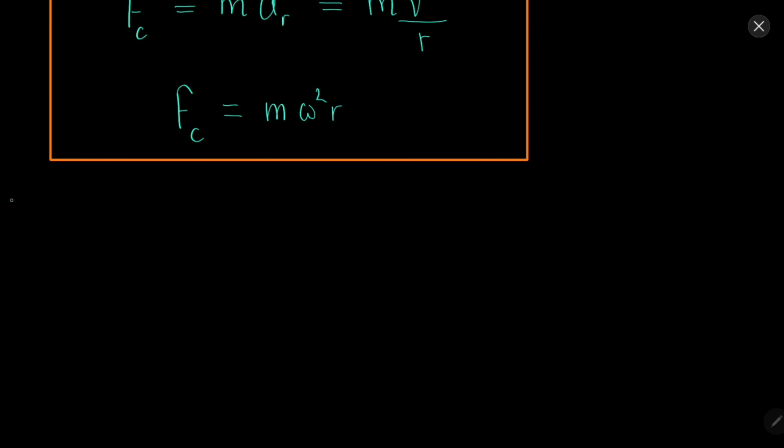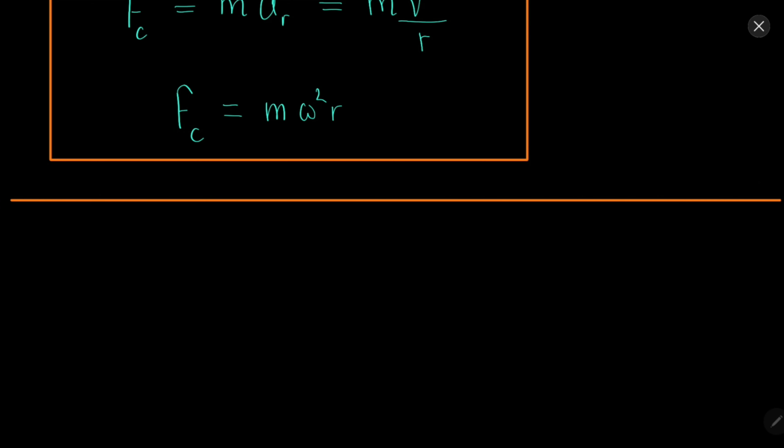As we now know about the dynamics of the circular motion, that what is angular velocity, angular acceleration, the centripetal force, we can now discuss a few examples of circular motion. For example, let's discuss the circular turnings. While riding a bicycle or a vehicle, you must have taken some turns.